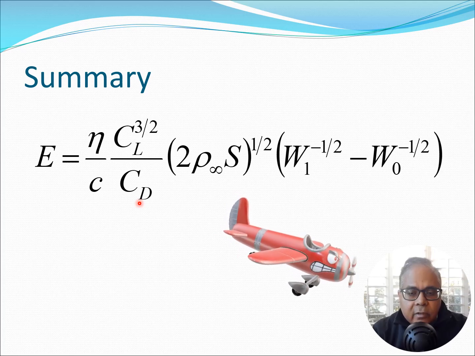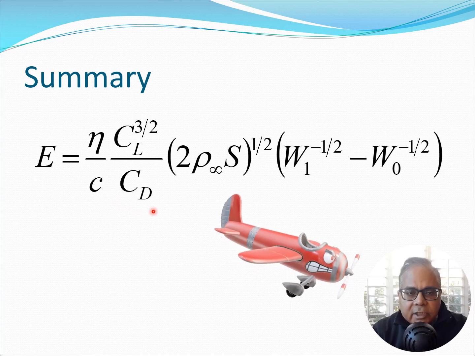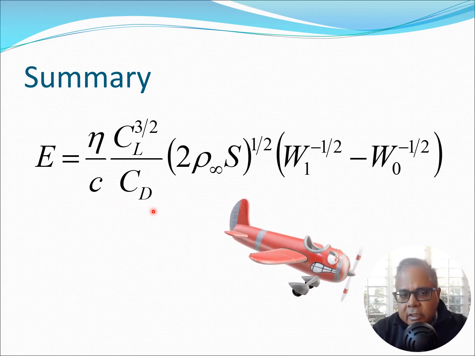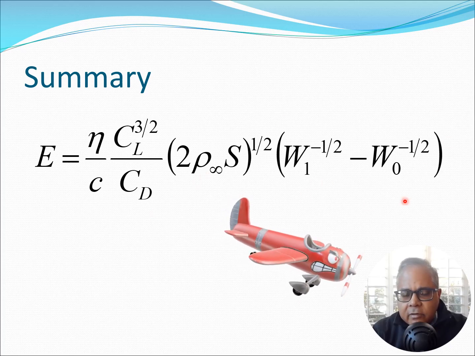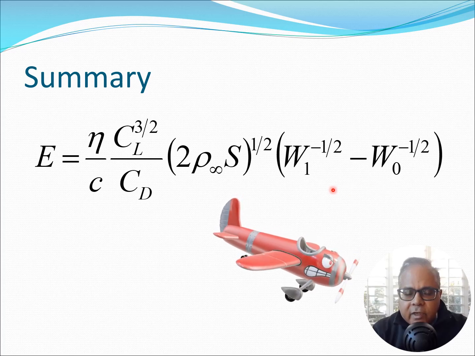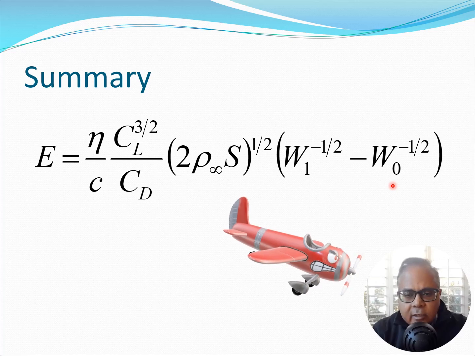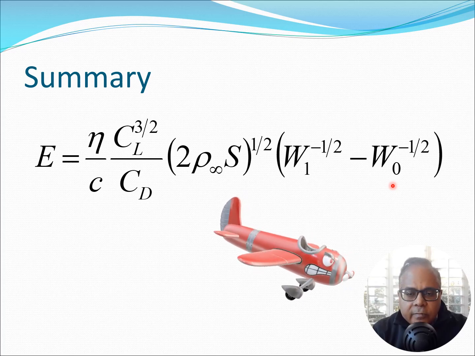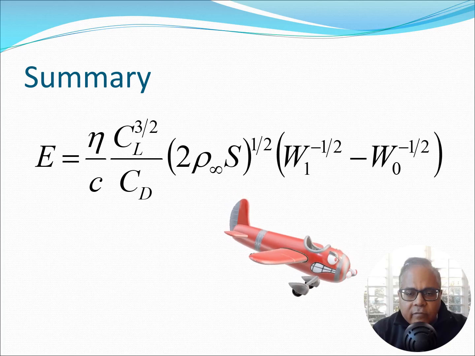So if you are designing an aircraft for endurance, then the aerodynamic design is going to be mandated by CL^3/2 by CD, and also it's going to be driven by density and the weights, of course, the weight at the end of the mission and the weight at the start of the mission. So remember, W0 is the gross weight, which is the weight when you start the mission, and W1 is the weight at the end after you have expended a lot of the fuel.